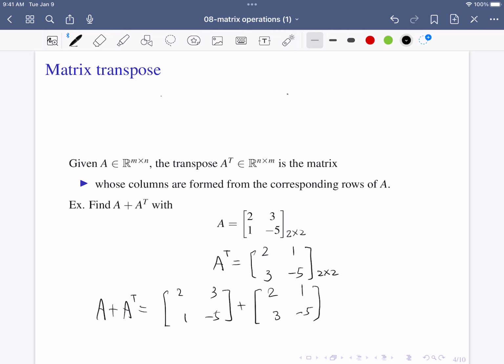They have the same shape, so we can add them together. First component to first component, 2 plus 2, which is 4. And second component to second component, so 3 plus 1. And 1 plus 3. Negative 5 plus negative 5, which is negative 10.